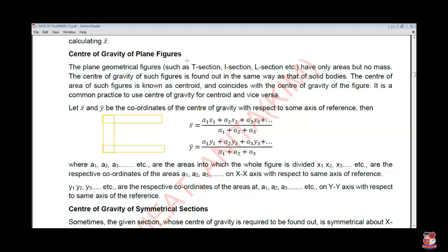If you are cutting this shape from the center, you are getting two identical parts, just like a mirror image. So you can call it, this axis is symmetrical about the axis. So you are directly getting your x bar. Sorry, this axis is symmetrical about the axis, so you are directly getting your y bar.